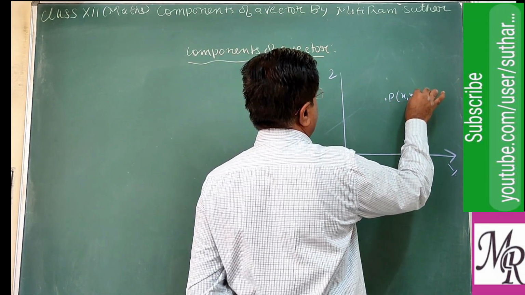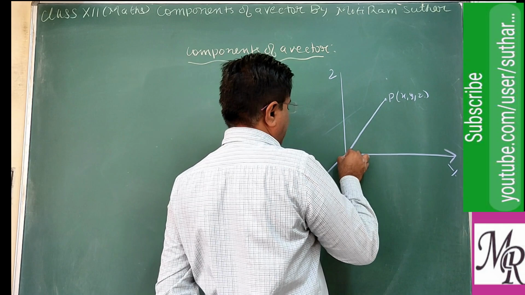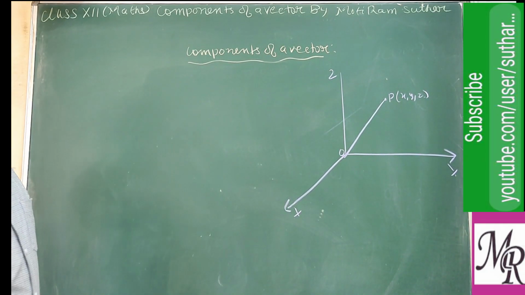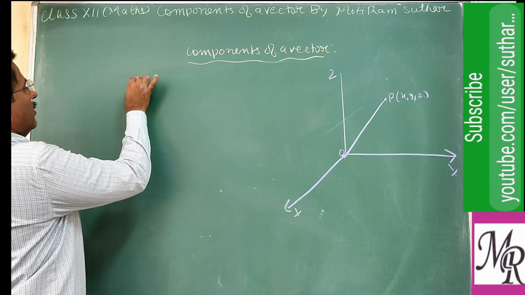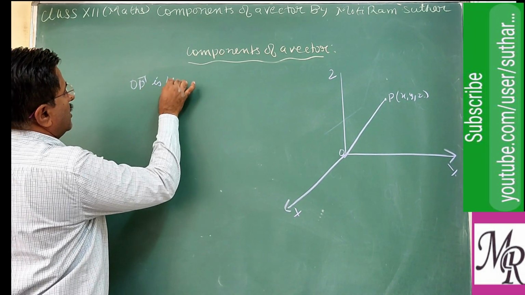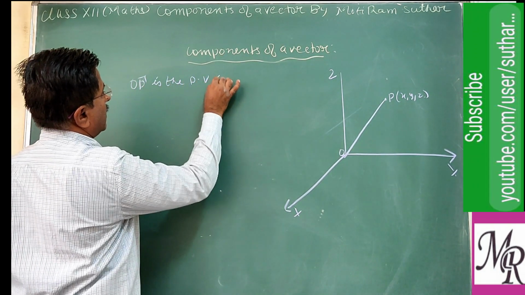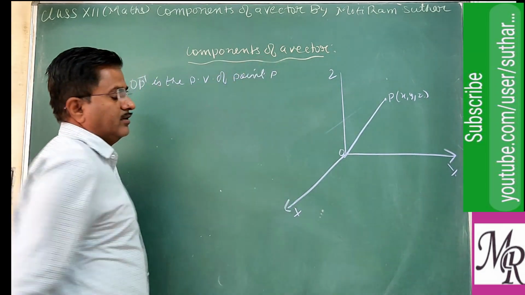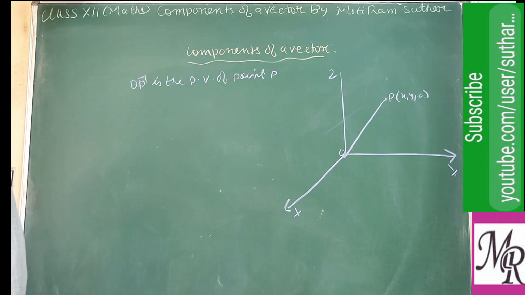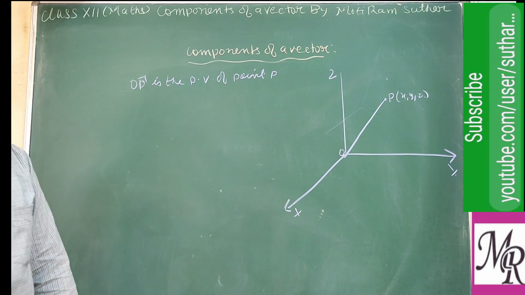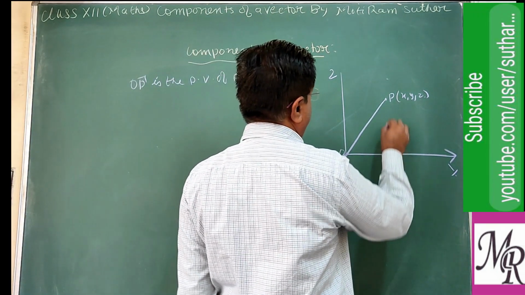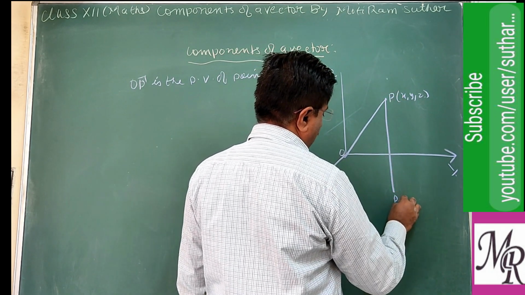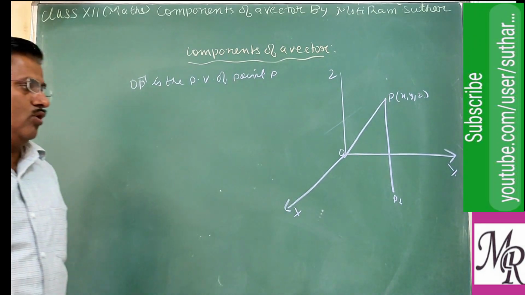You join it with O, and OP is the position vector of P. Vector OP is the position vector of point P. Clear?